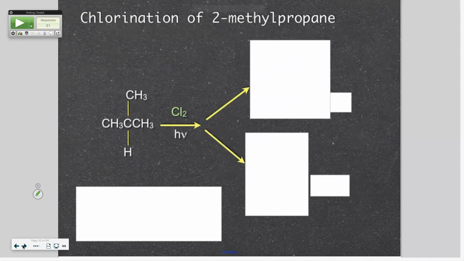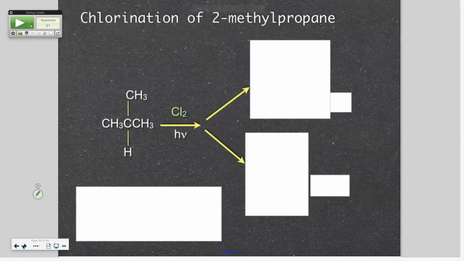That doesn't mean you have to name it right, but if the names are the same, they're equivalent. I'm not going to put all the hydrogens on the methyls. So here is my compound. If I replace this hydrogen with a chlorine, that's 1, right? Everybody got that one probably.